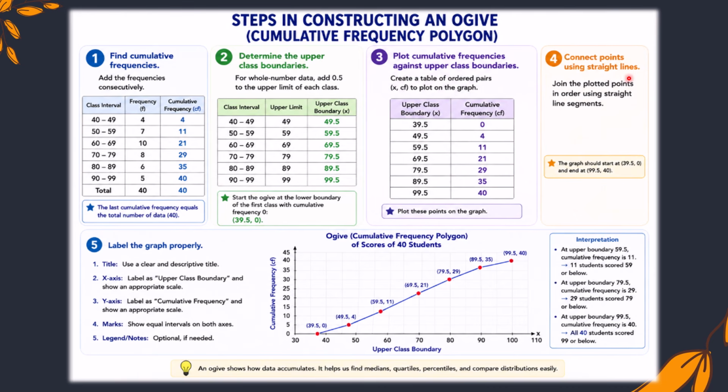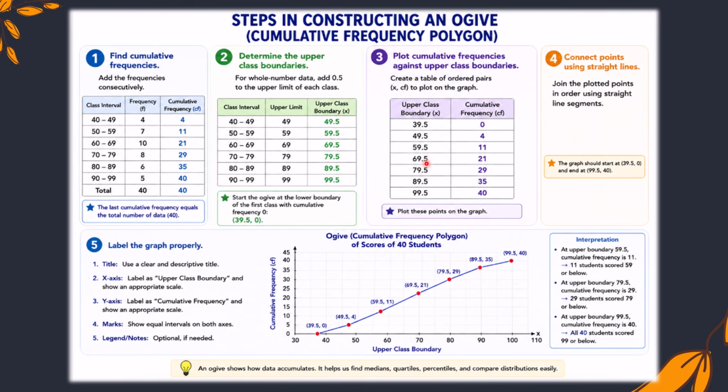The fourth step: connect the points using straight lines. If we put it in a table, this is 0 and then 39.5. So it is here. Next is 49.5 and 4.